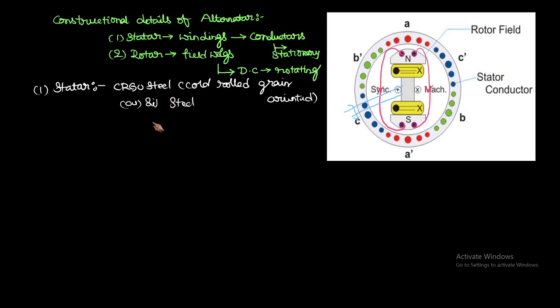Why are we using this material? It has high permeability and low hysteresis loss. We have already discussed the hysteresis loss in the case of the transformer, which is why we use this type of material.